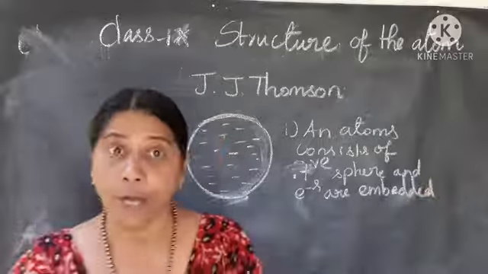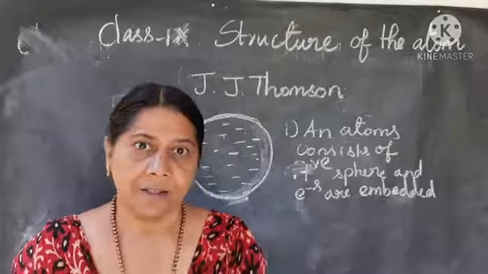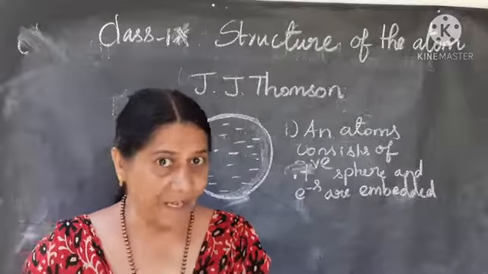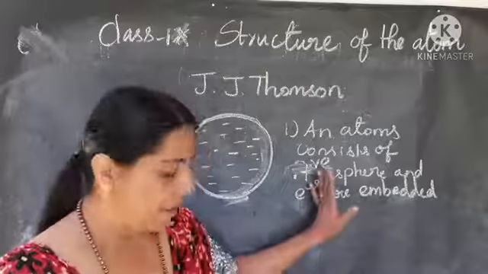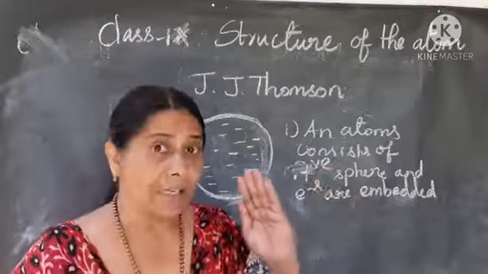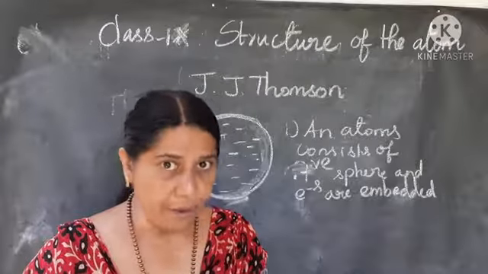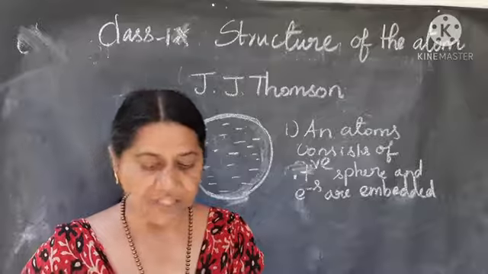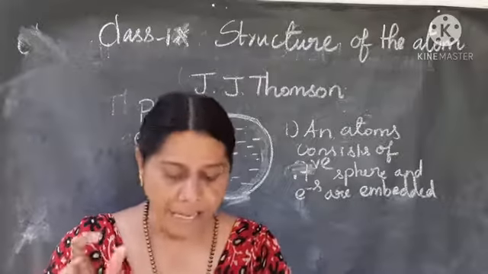And another point he stated is that the positive particles, that means protons, are equal in magnitude with the electrons. That means the positive and negative charges are equal in magnitude. Magnitude means amount.